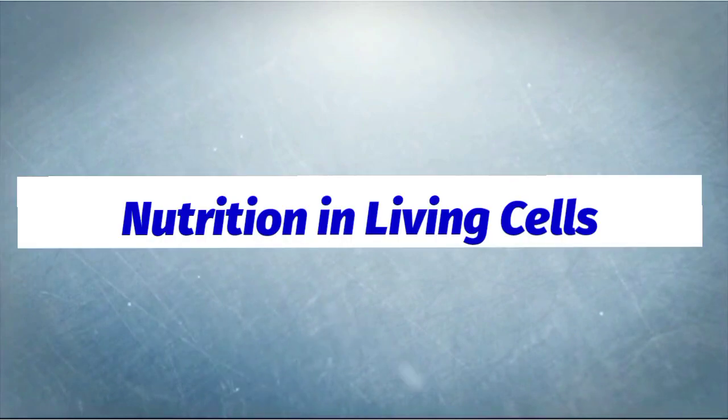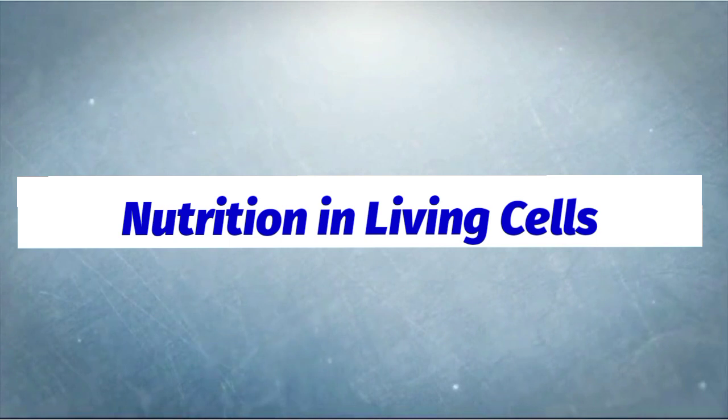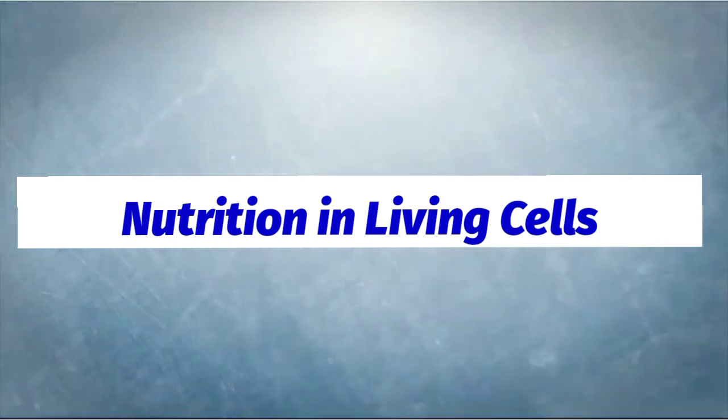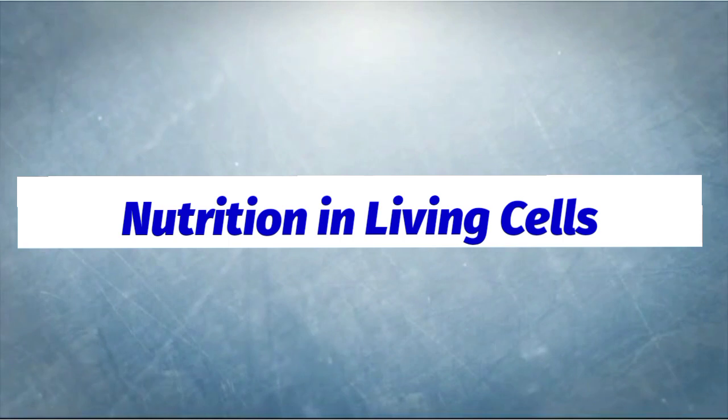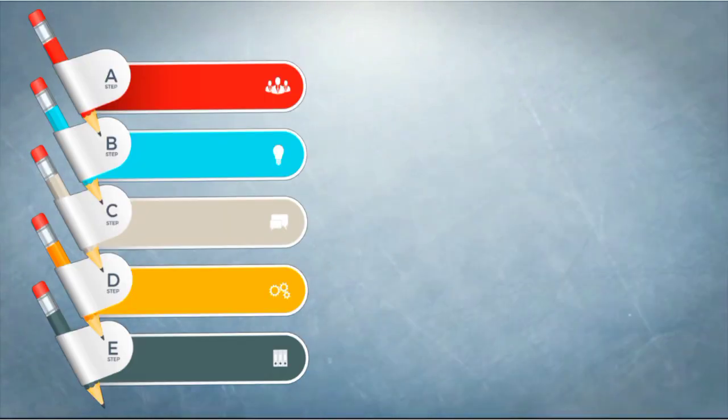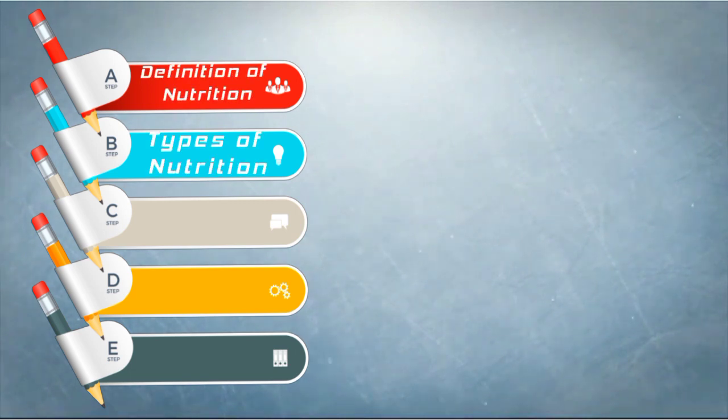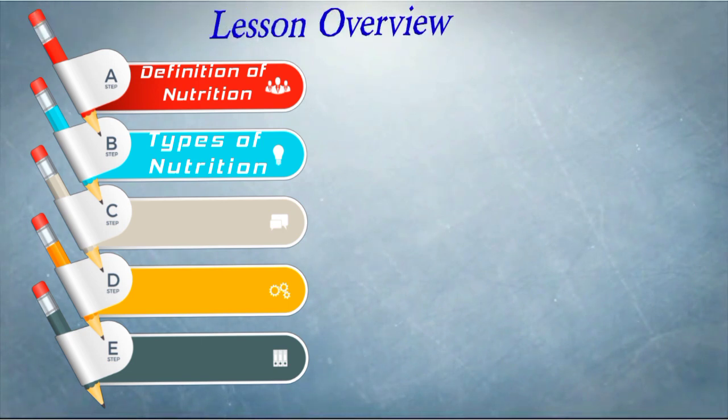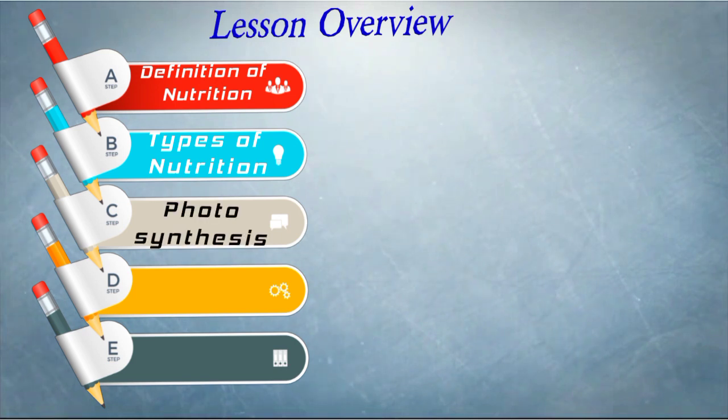However, in this lesson, we will focus on nutrition in living cells. The overview of this lesson includes the definition of nutrition, the types of nutrition, including autotrophic and heterotrophic. Then we'll look at photosynthesis as an example of autotrophic nutrition.